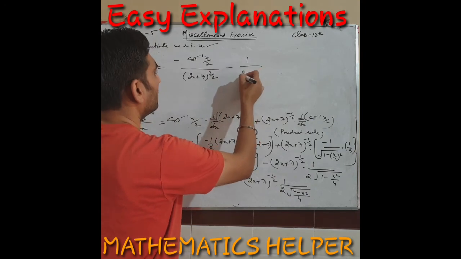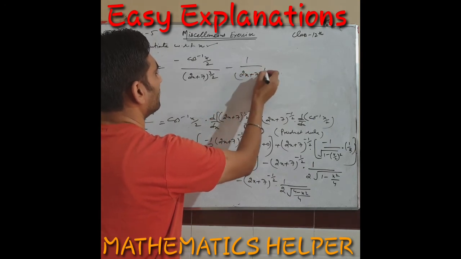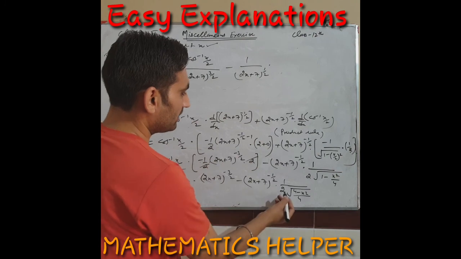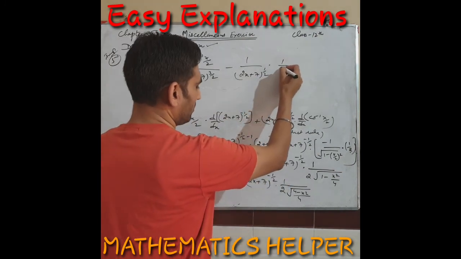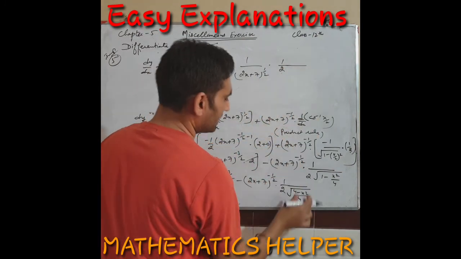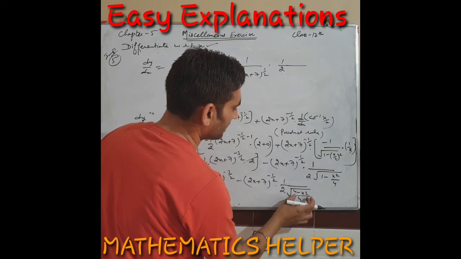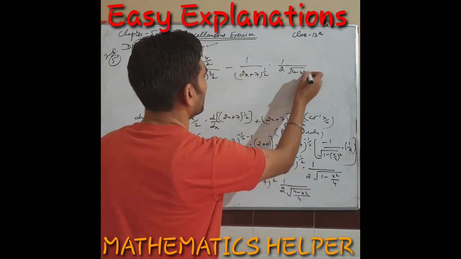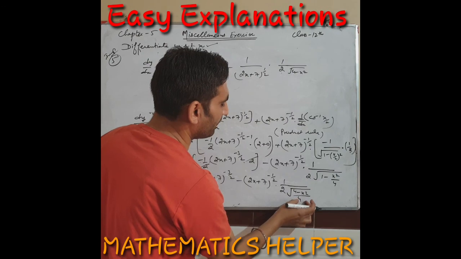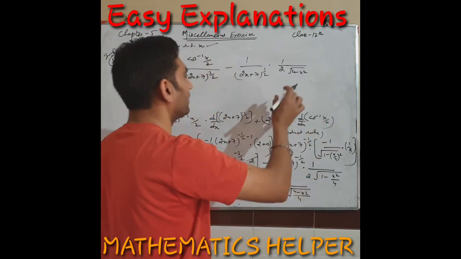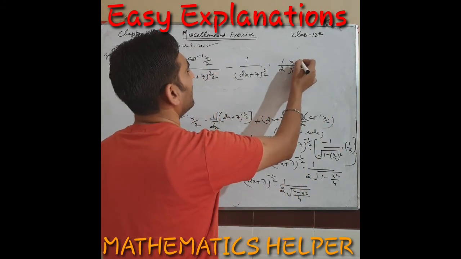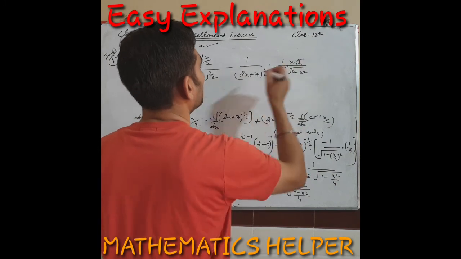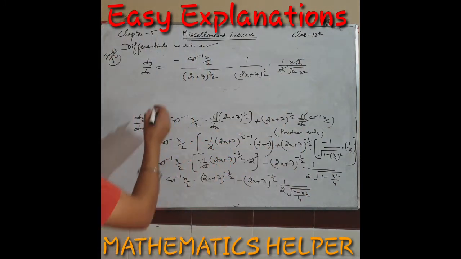So I am writing 1 over 2x plus 7 raised to power 1 over 2 into 1 over 2 along with this. When you write its calculation, you have square root of 4 minus x square, but you can find square root of 4. Square root of 4 is 2. 2 will go in the numerator, so it will be into 2 here. So you have cancellation of 2 possible. So see what is next.